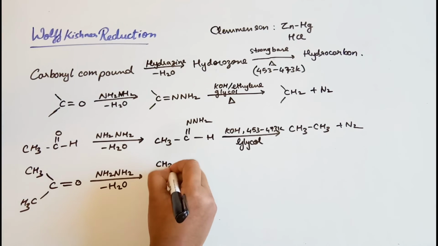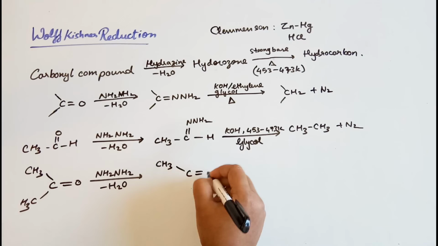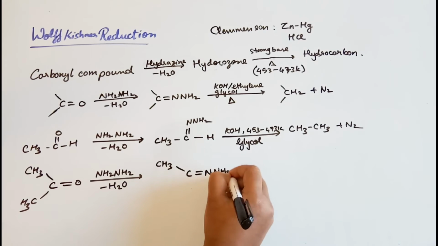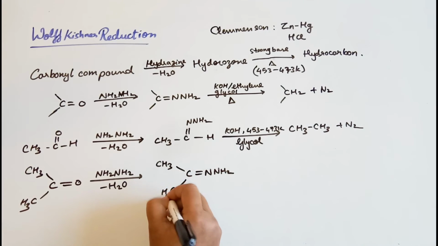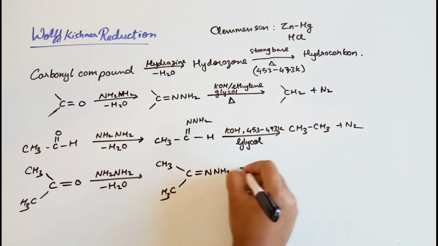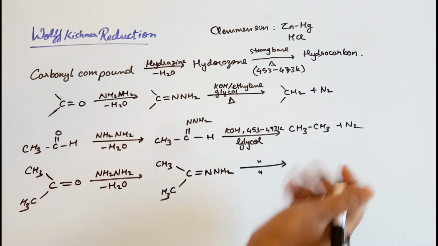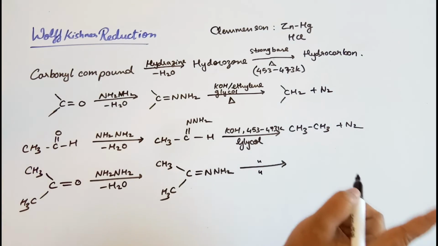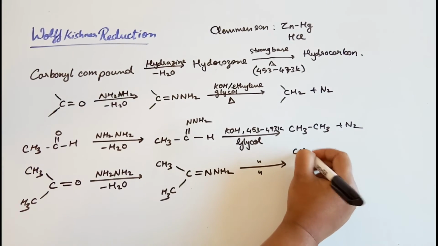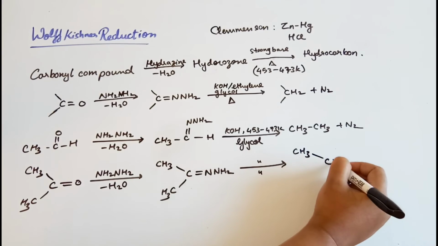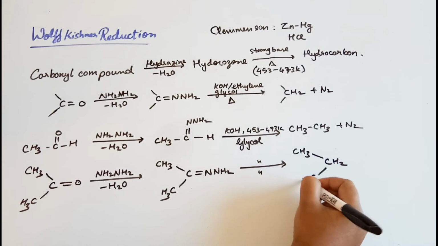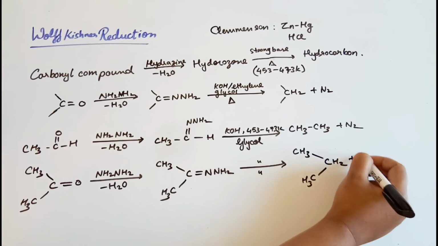So CH3, C, double bond, N, NH2, and you have another CH3 over here. And this undergoes the reaction with KOH, the same conditions. I'm just putting a ditto mark. Don't do that in your exam paper. So CH3, CH2, CH3, that's propane plus nitrogen gas.